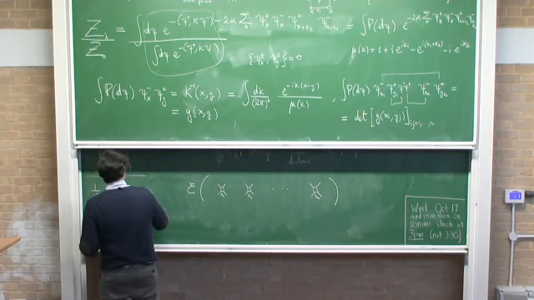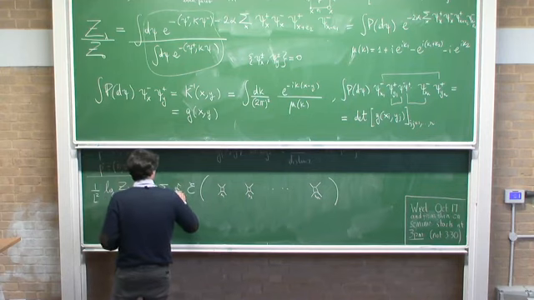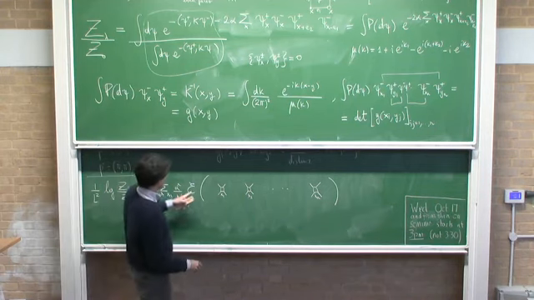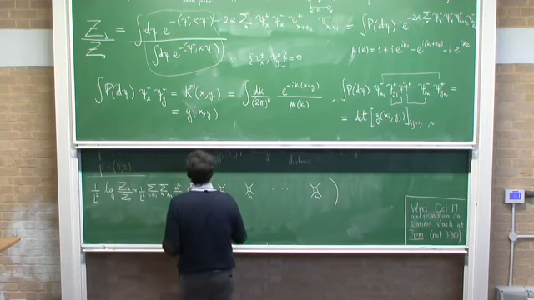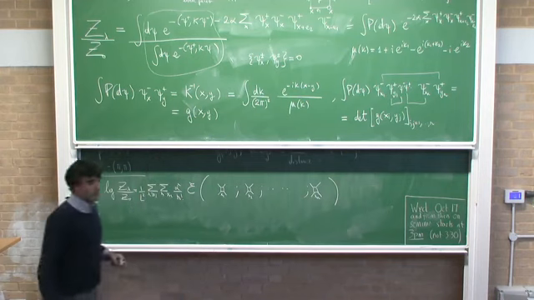I get 1 over L squared, sum over n equal than 1, sum over x1 xn, alpha n over n factorial. Okay, and the rule is that to compute this expectation, here is the symbol that was introduced by Fabio.